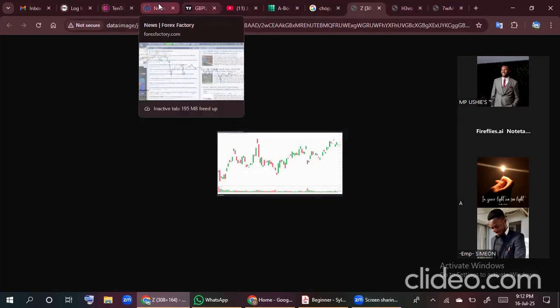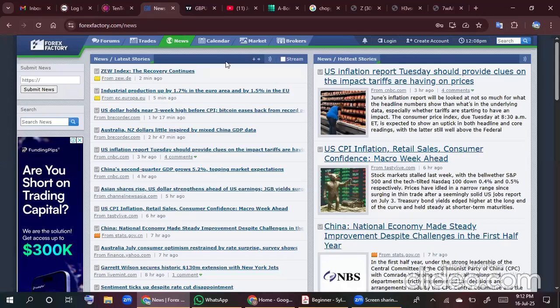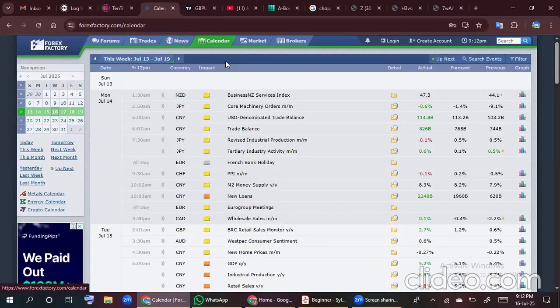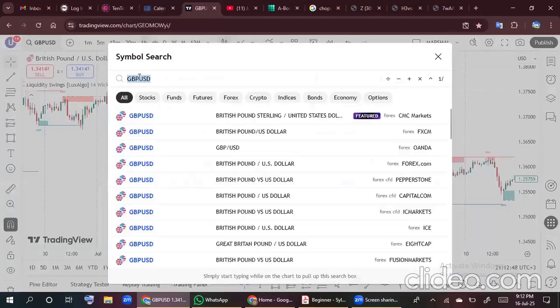Let's try. The last bank holiday was a bit far, I would have said we check. This was a Monday, the 14th. There was a bank holiday. Let me see if it affected the market. So let's check EUR/USD and see if by any means it affected the market.